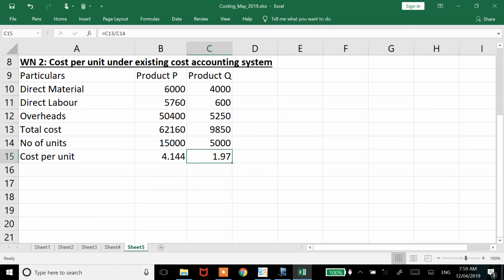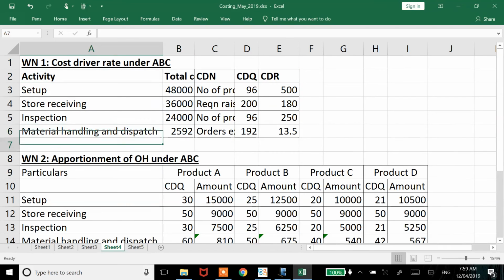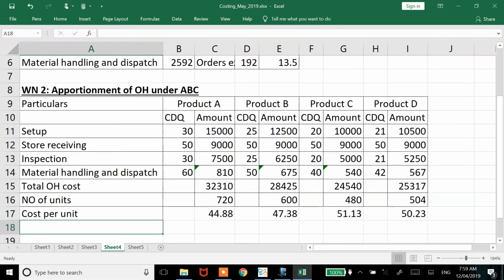Now our objective is to prepare a similar table under ABC wherein this will remain the same, this will remain the same, this alone will change. And how will you get this? You will get this by doing this calculation, apportionment of overheads under ABC. So you will do these two working notes and repeat the second working note as working note 5 and call it cost per unit under ABC.